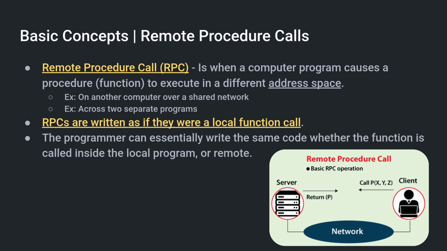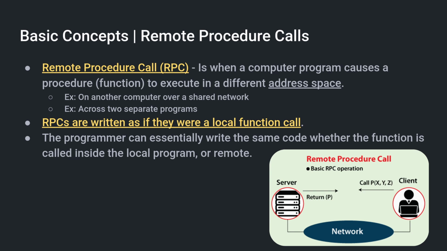RPCs are actually written as if they were a local function call. Just like you write a function in your local program, that's how you would write it to call a remote function. This pretty much means that the programmer can essentially write the same code, whether the function is called inside the local program or remotely.